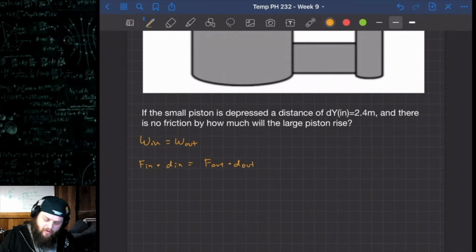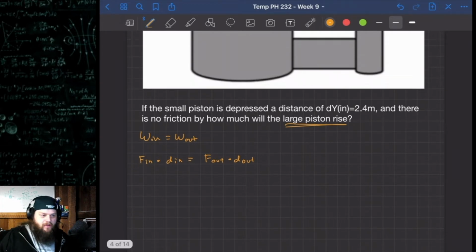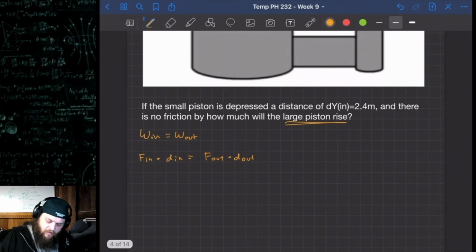So we want to solve for the distance out, right? How much will that large piston rise? Dividing each side by the force out, we have the force in times the distance in divided by the force out equals the distance out.